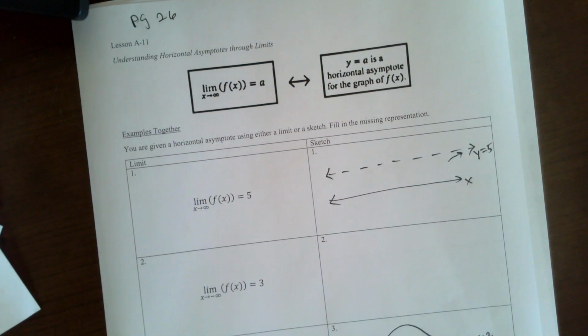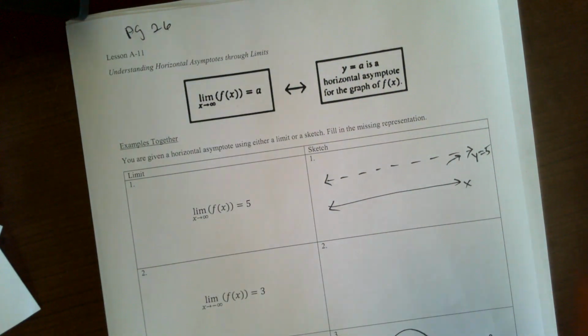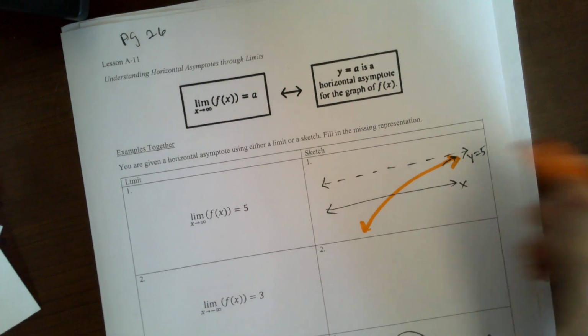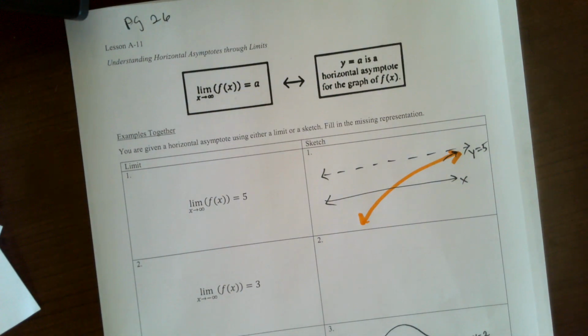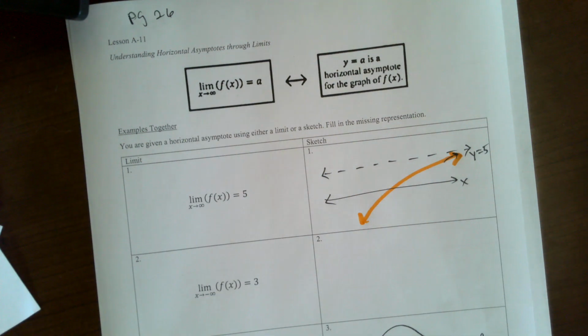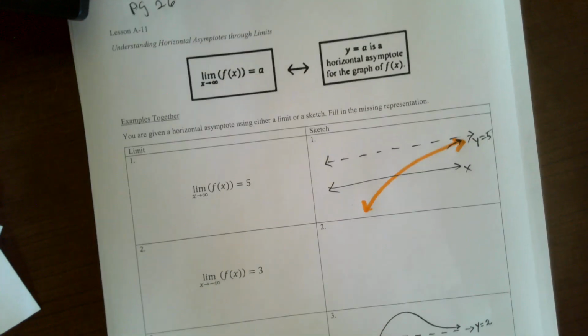It doesn't matter what the rest of the graph looks like, okay? So I'll just make it very simple and have it something like that. But you could be doing a lot of things. There's a lot of correct answers here. They could even cross the line.